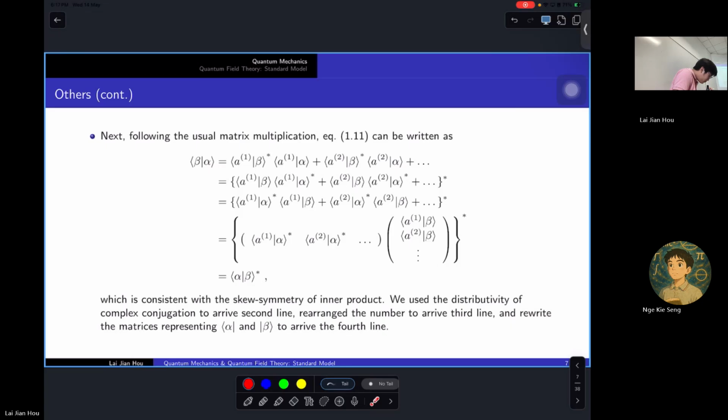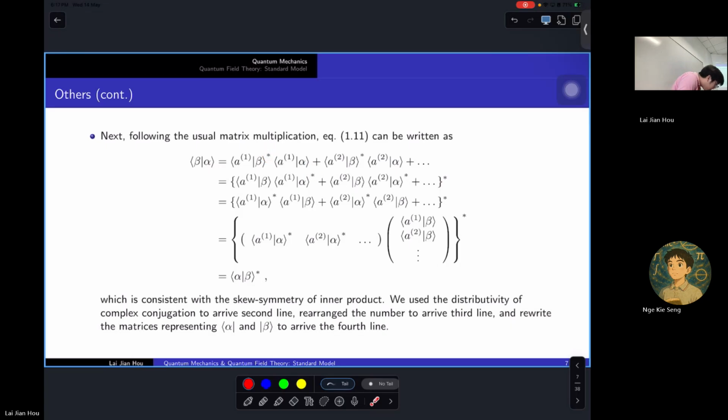We are pulling out the conjugate here, so this one we pull out, and the conjugate cancels out.